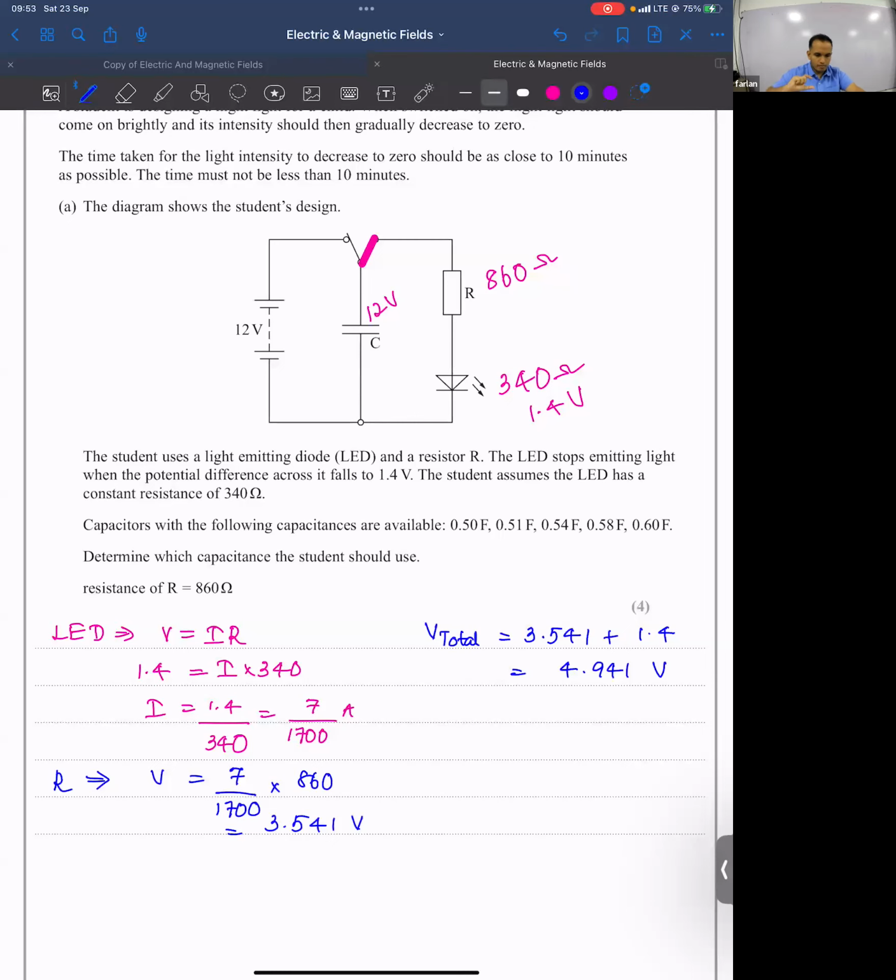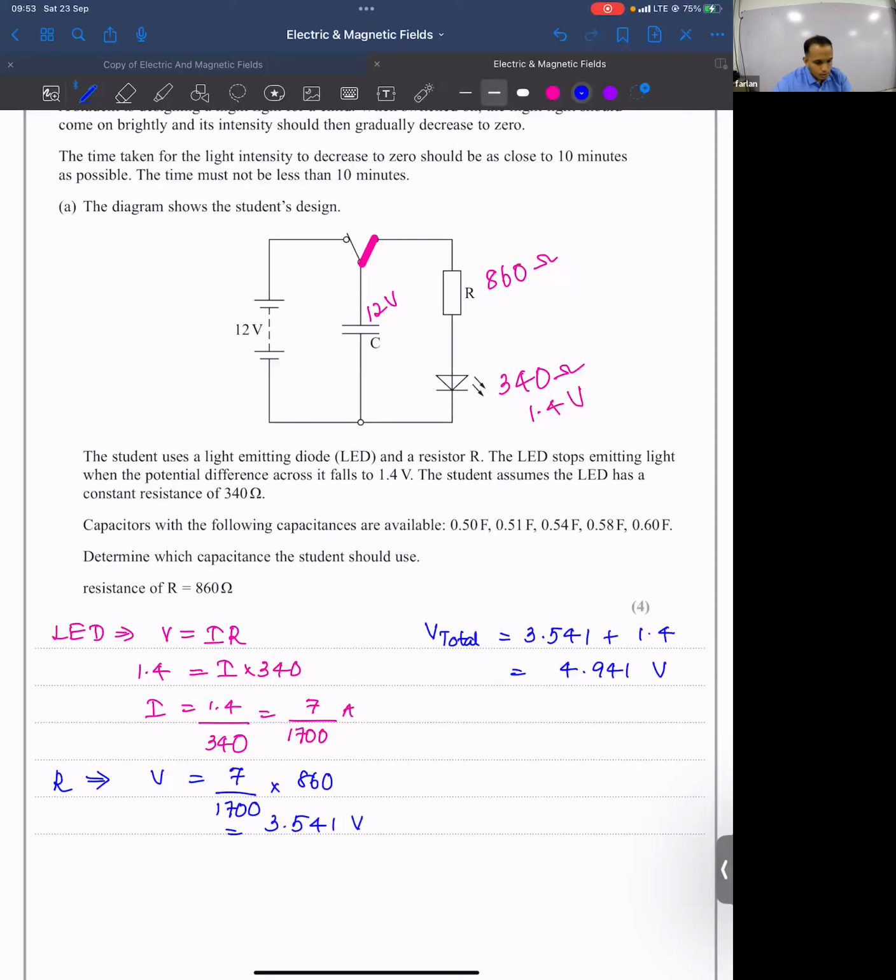I have checked the requirement for the LED to stop emitting light. The requirement is that the voltage across the LED has come down to 1.4. When the voltage across the LED has come down to 1.4, simultaneously the voltage across the resistor R has come down to 3.541. Agree?